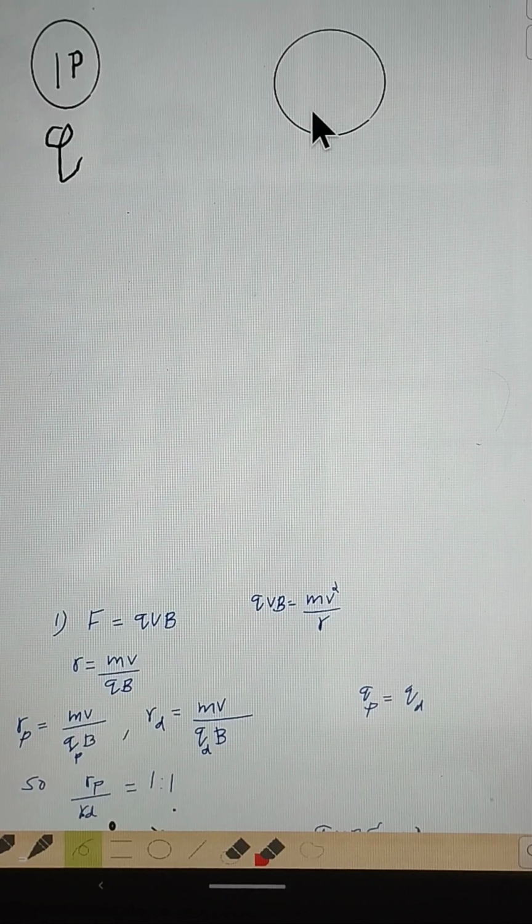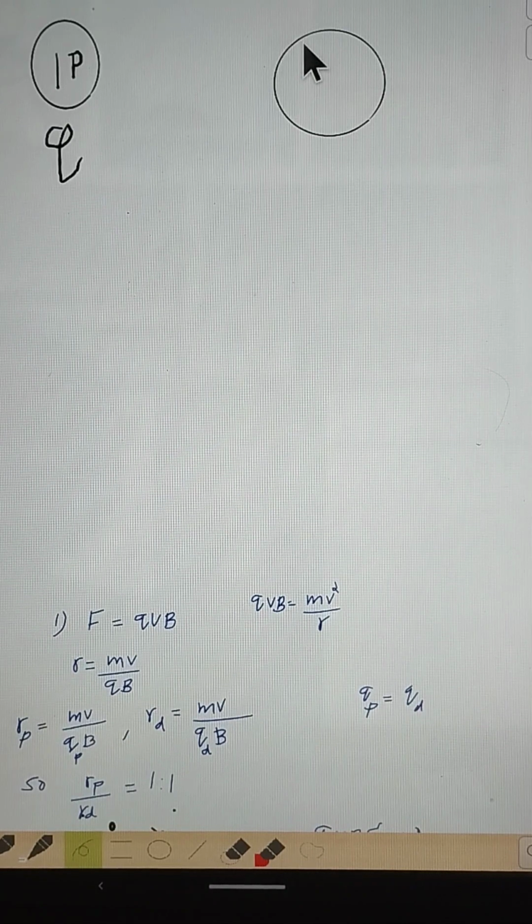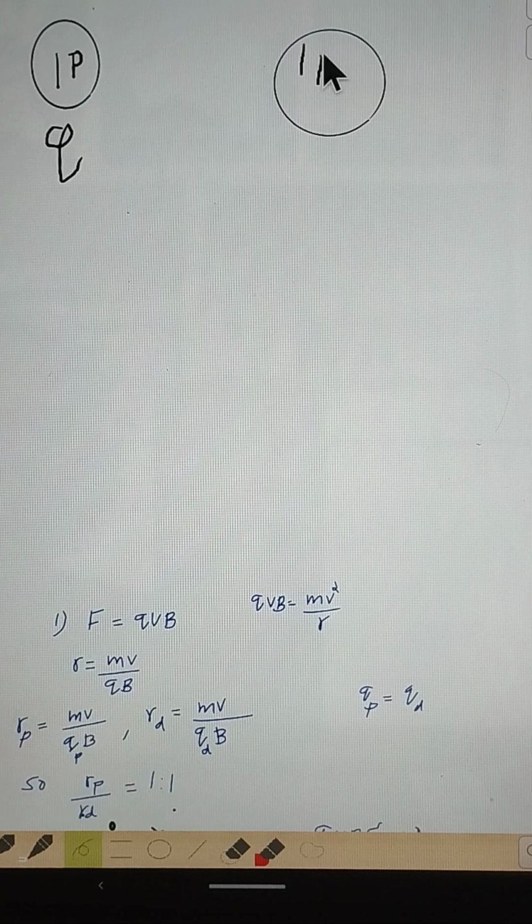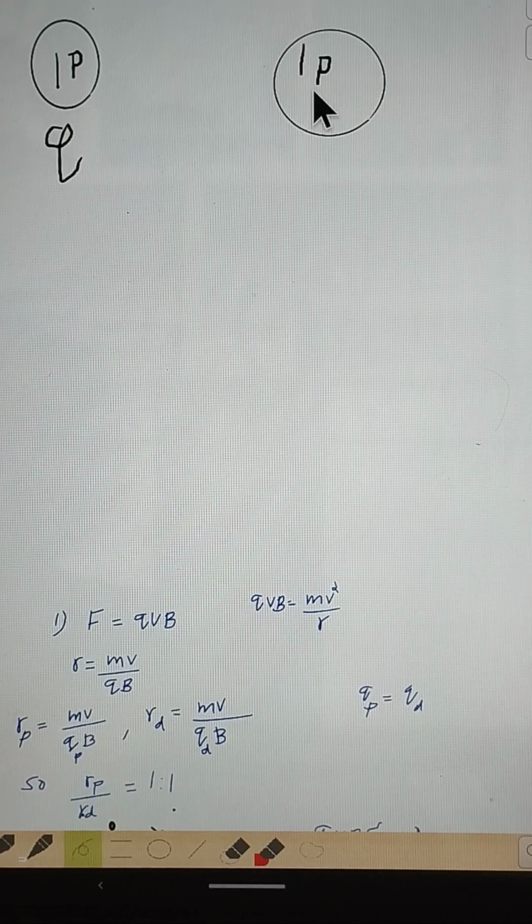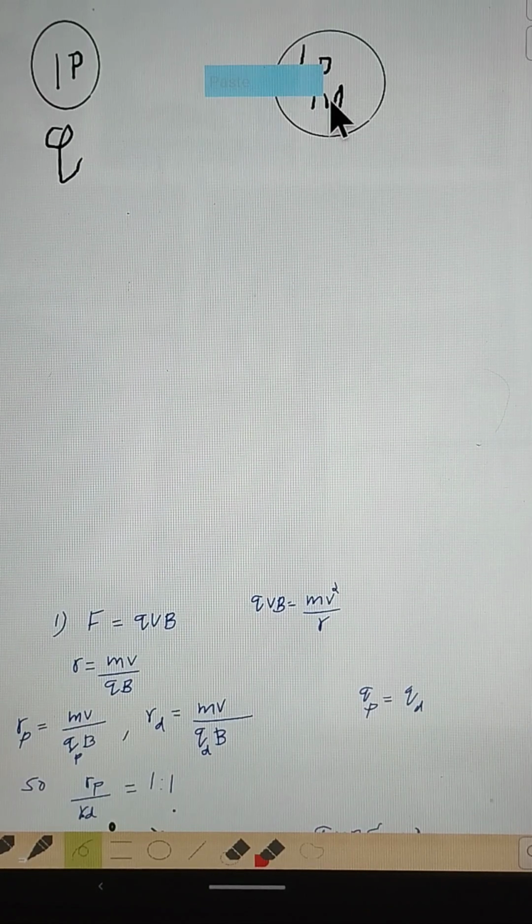Then suppose we are considering deuteron. Deuteron is the nucleus of deuterium. So in its nucleus it will have one proton and, in addition to one proton, one neutron also. But we know this neutron is neutral. So what is the charge of deuteron?